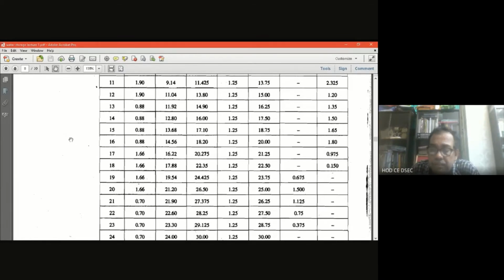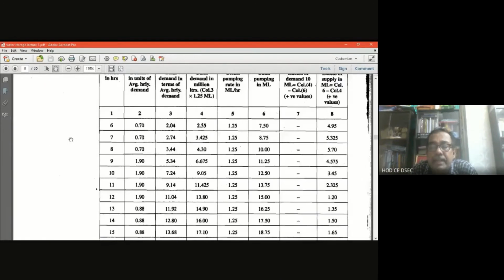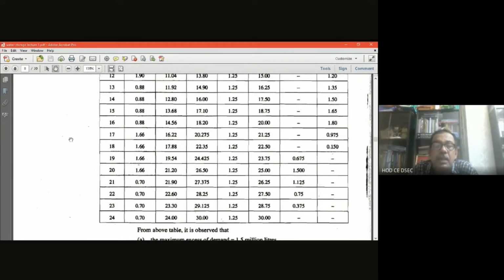So definitely it will be under the column of excess demand, that is column 7. And what will be the value? 24.425 minus 23.75. So that will be 0.675. Okay. So this is the thing.